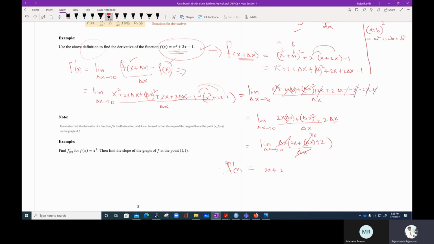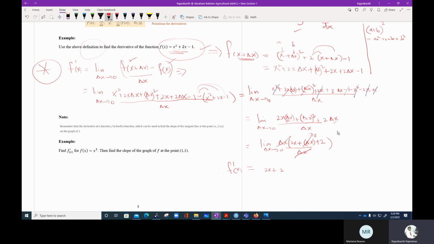We always have more work if we use the limit definition. Start with this formula, find f of x plus delta x like I did here, and simplify. After that, subtract the actual function f of x, then do some algebra to simplify and find the limit.